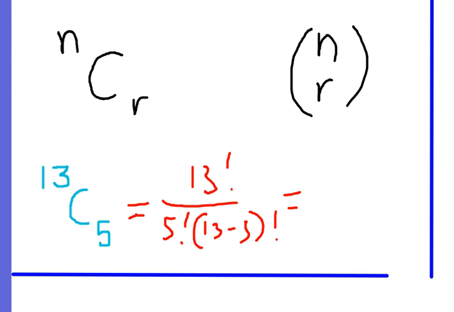So type in the number 13, press Shift and divide. Yes, that's where it's hiding. Shift, then divide. And then, how many are we choosing? 5 objects. And there's 1,287 different combinations in which we can choose 5 objects from 13 objects. All right.